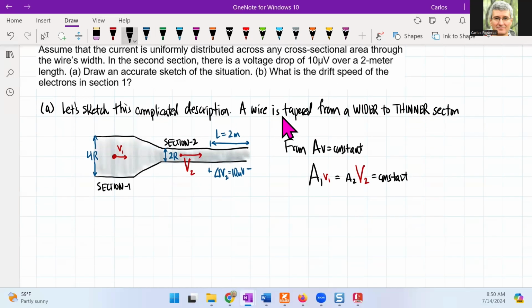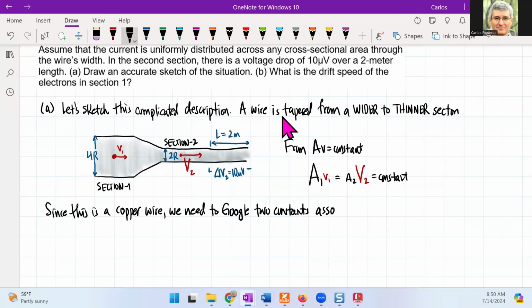So since this is a copper wire, we need to Google two constants associated with the microscopic Ohm's law.